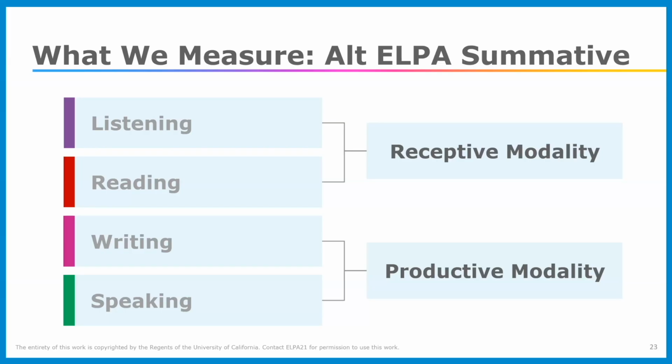The modalities are receptive, which measures listening and reading, and productive, which measures speaking and writing. By using modality level scores, the ELPA21 summative results better reflect how the language domains interact to support communication with English learners with the most significant cognitive disabilities. This results in a more valid and reliable assessment of the English language used by these students.